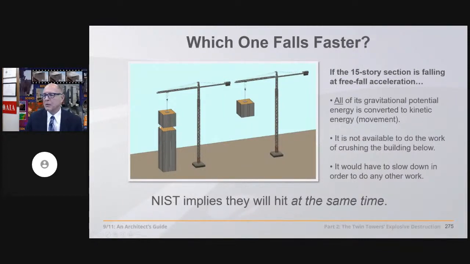But we'll just go ahead and take out, just like Zdenek Bazant did, a story of columns to allow for an impact load. We release these both at once. What happens? Well, a 7th grader can figure this out. A 5th grader can. The structure on the right will fall as fast as a bowling ball falling out of the sky and hit the ground in about 9 seconds, free fall.